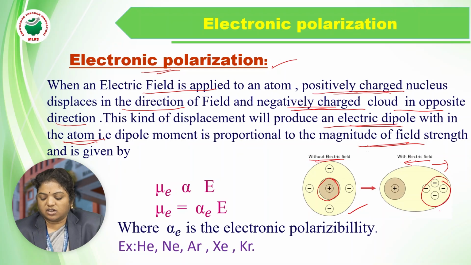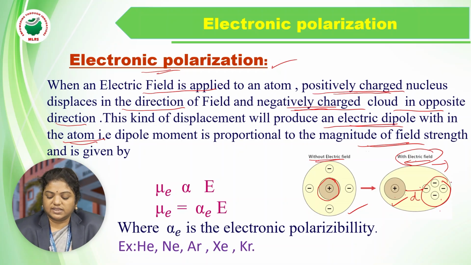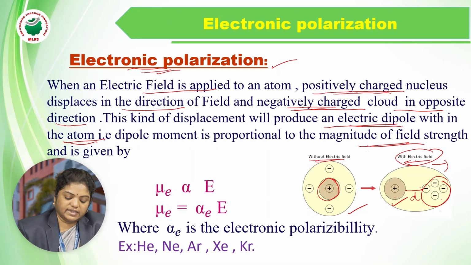In the presence of the electric field it forms a dipole, with distance d between the nucleus and the electron cloud. This type of polarization is called electronic polarization.